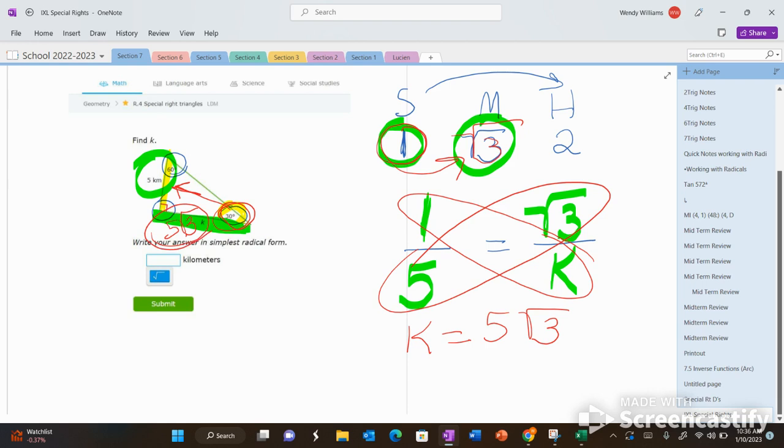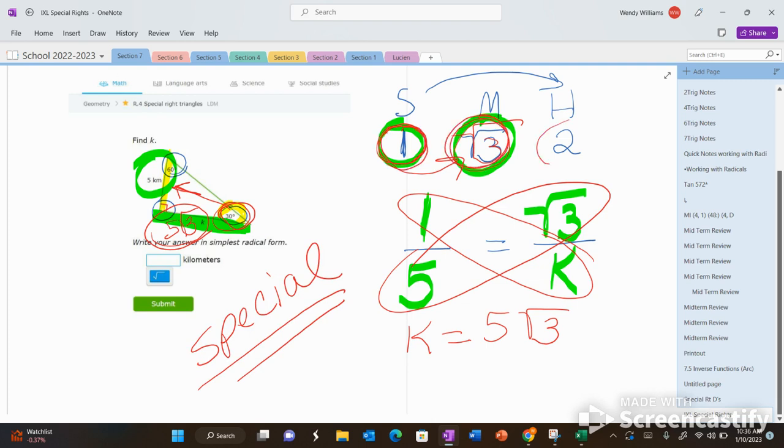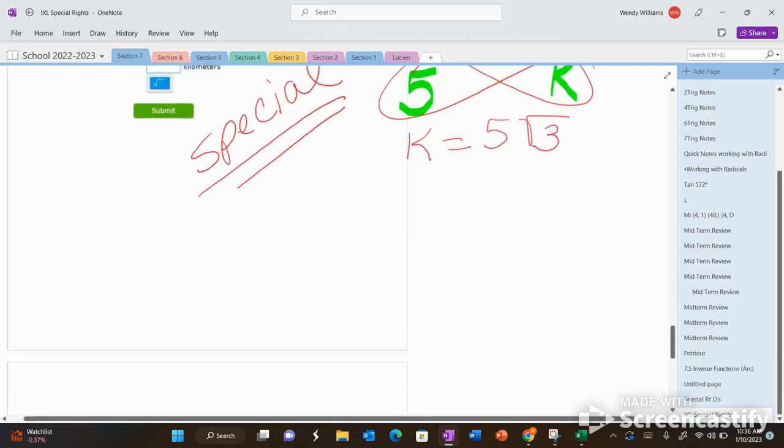That's why they're called special. They're not hard. They're special. But you have to know the relationship of 1, square root of 3, and 2. The proportions just make it easy to set it up and execute it every single time.